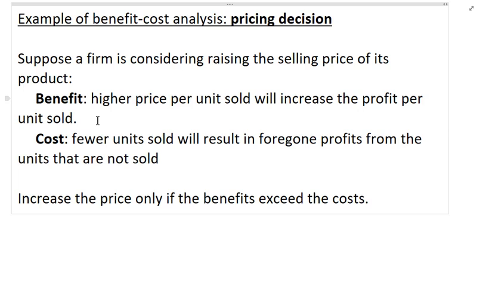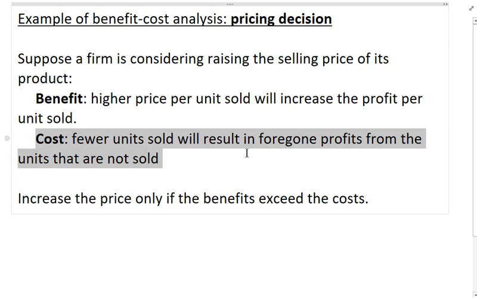That's the benefit. But the problem is when you raise the price to 60 cents, maybe people will look at the price and they'll think, well, that's too expensive for me. I'm not buying a donut anymore. So fewer units will be sold. So the donuts that are no longer sold will be a loss of profit. So you got to weigh the benefit of higher profit per unit with the cost of lower amounts of units sold.